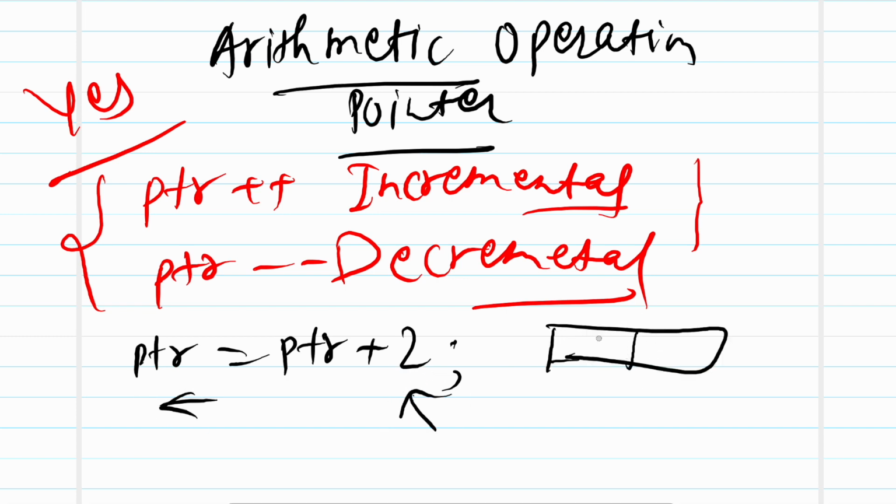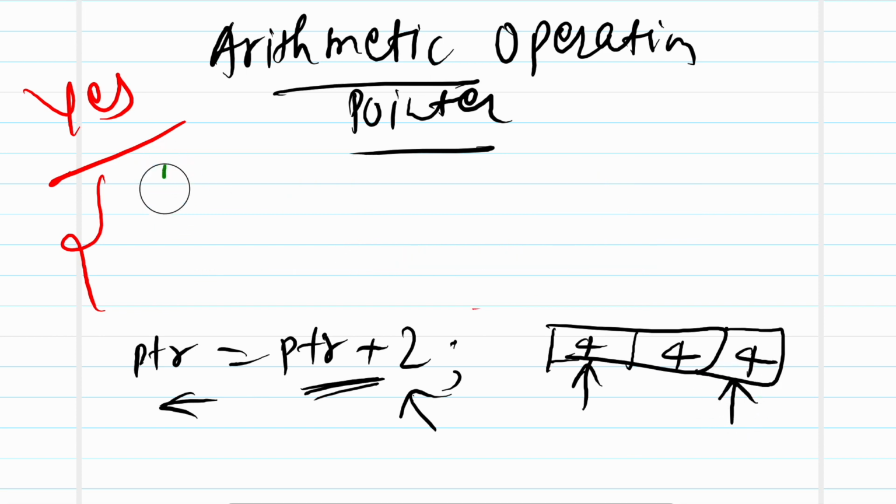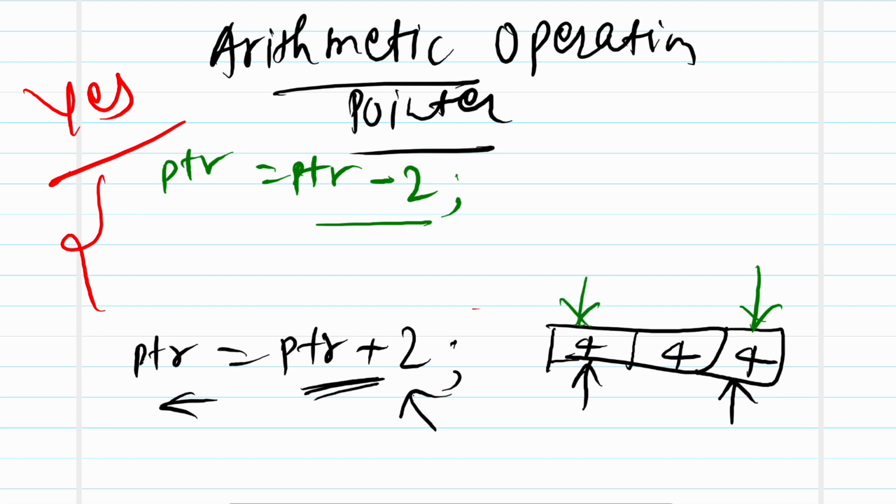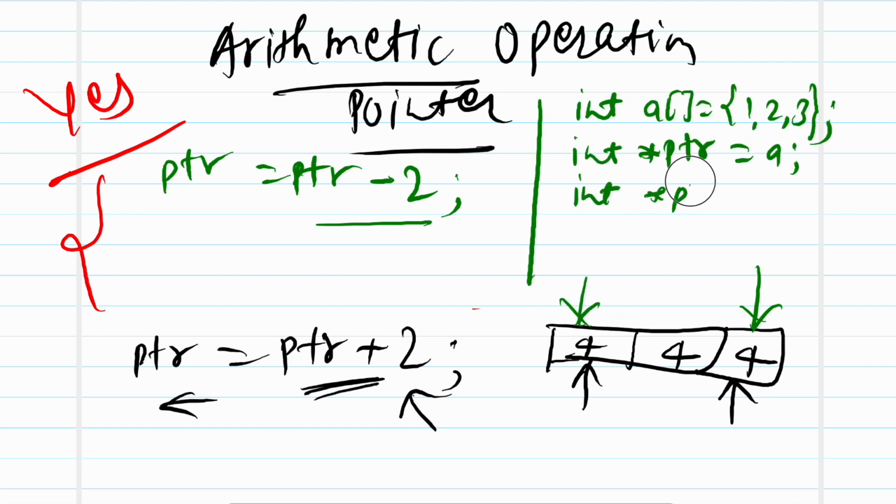Let's suppose this was pointing to some integer variable which was having 4 bytes. So earlier it was pointing here, and when we do ptr+2 it will point to the third location. Similarly we perform subtract operation as well. Let's say I am writing ptr-2, suppose it was pointing here, and if I do ptr-2 then this will point here. And suppose you are having pointers of the same data type, then you can perform subtraction operation on these pointers as well.